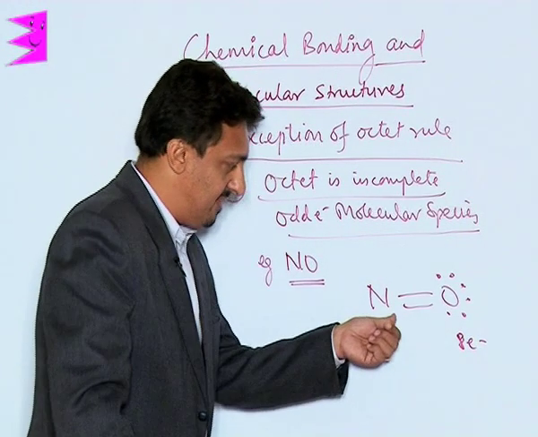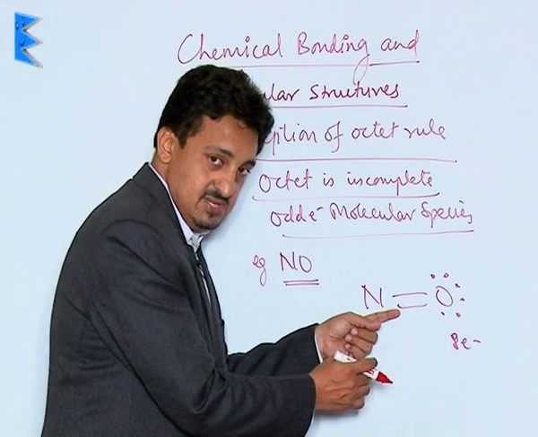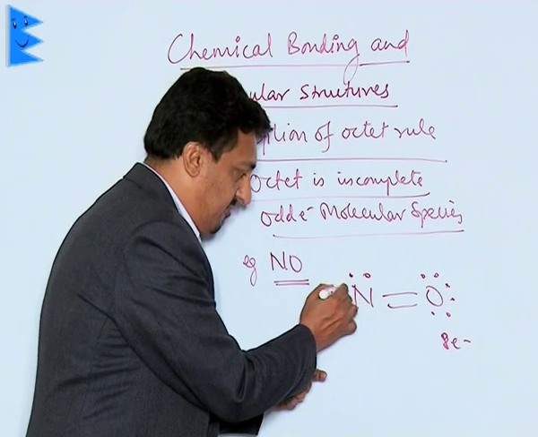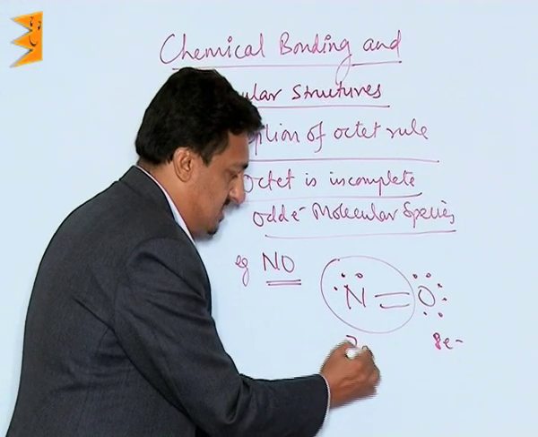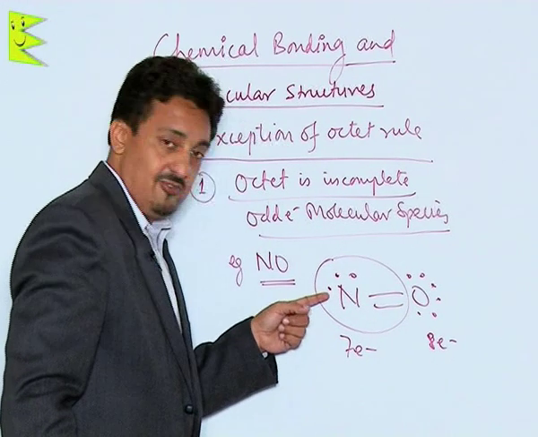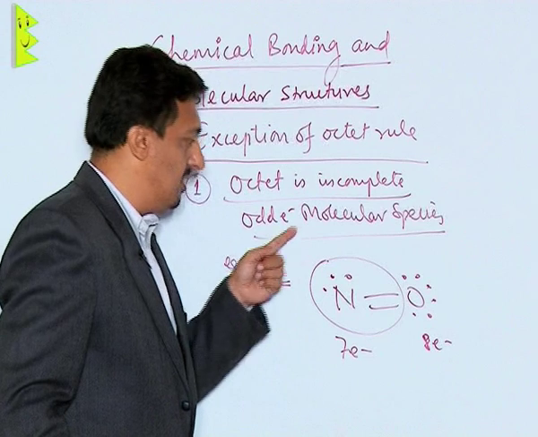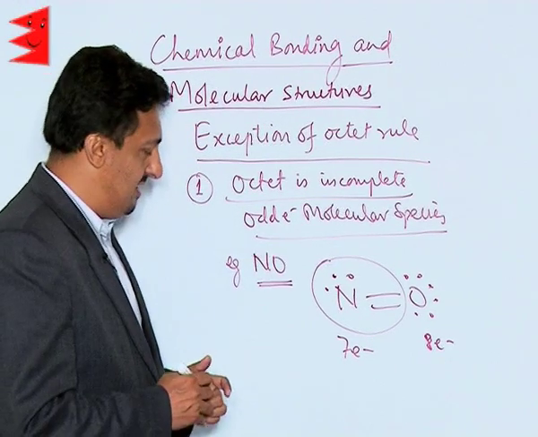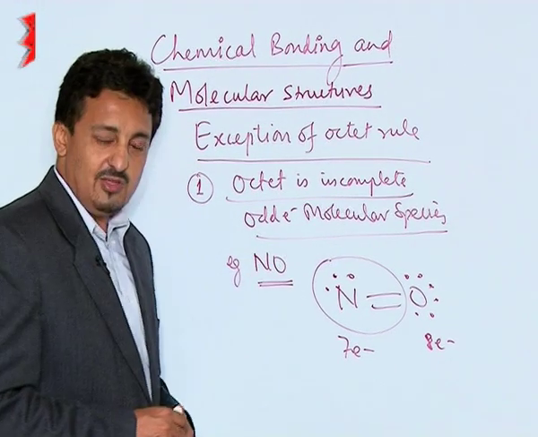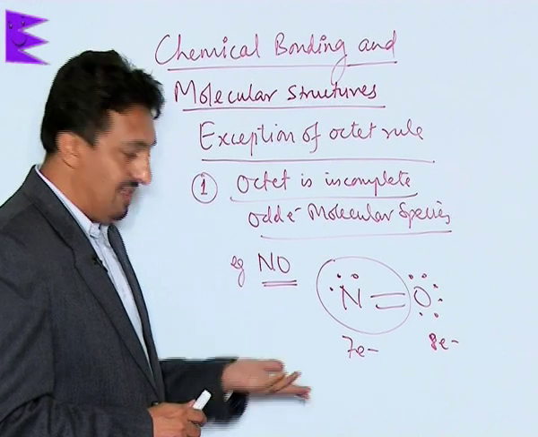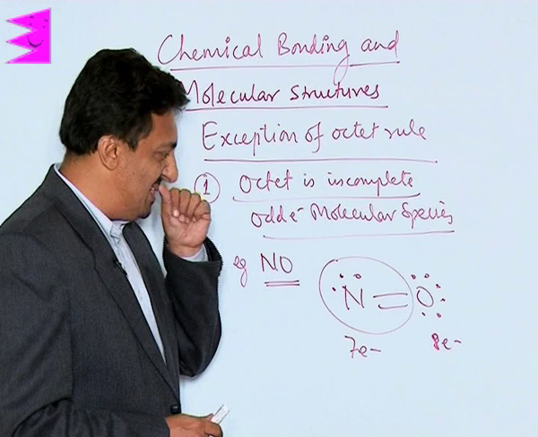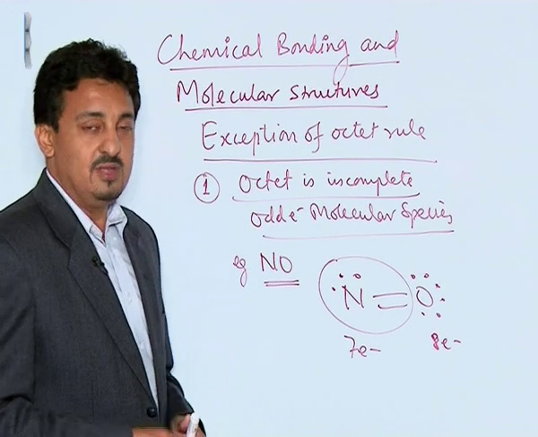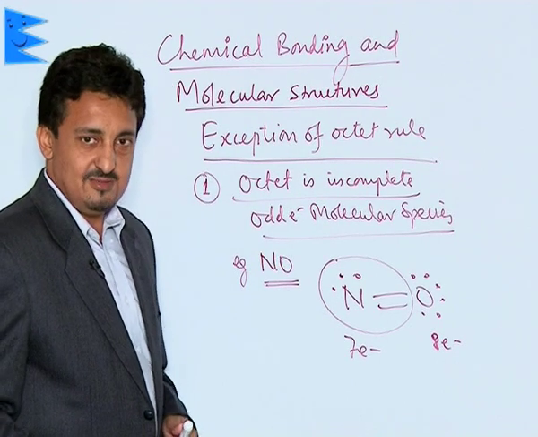The nitrogen is having 2 shared with the oxygen, so it is left out with 3 electrons, and that is how it is having 7 electrons. This odd electron makes it having odd number of electrons, and that is why it falls in the odd electron molecular species. It will be again paramagnetic in nature, very unstable, very reactive. But all these are the examples where we have odd number of electrons with the central atoms.